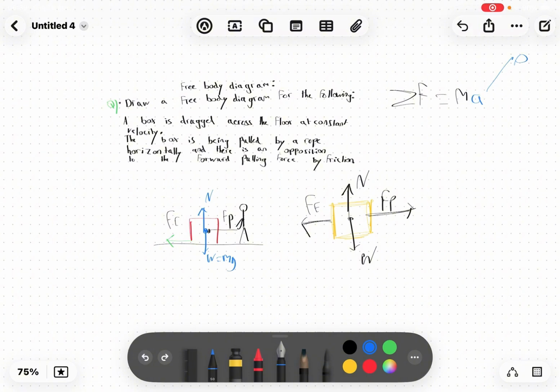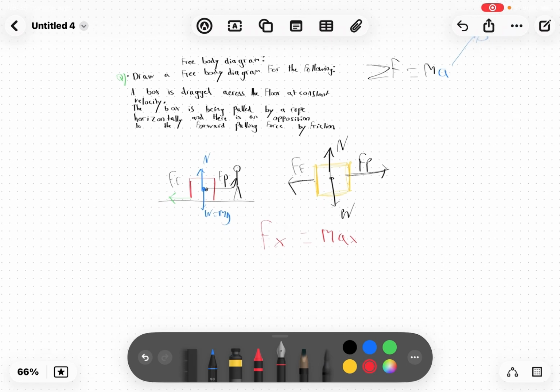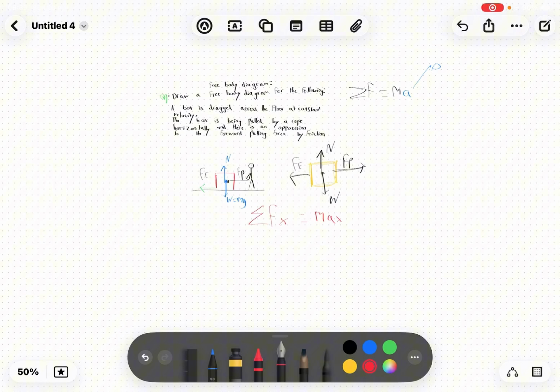So over here we have horizontal and we have vertical. So what we're able to do in these types of situations is write Fx equals m ax, because it's the same thing, just for the x's.